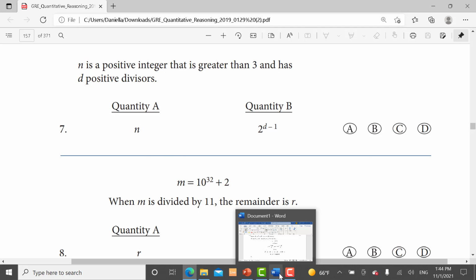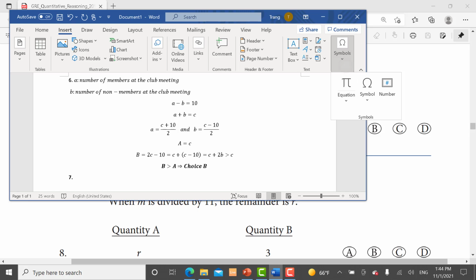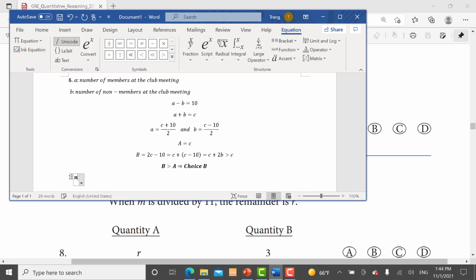So first of all, let's summarize the question. N is a positive integer that is greater than 3. And n has a positive divisor, so I'm going to have d, where d is positive. And also n and d are integers.